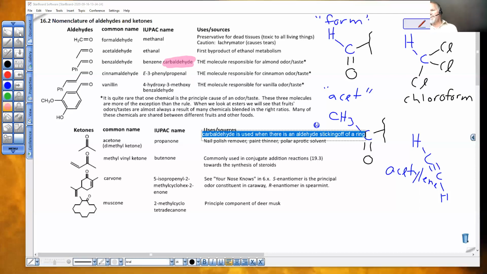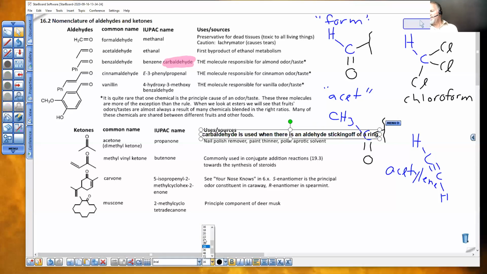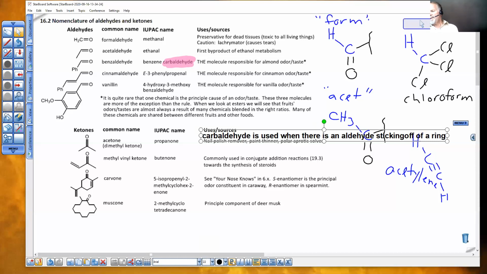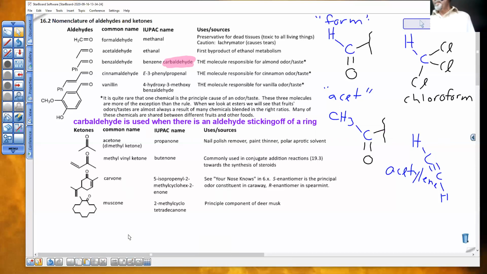And that deserves its own little comment, and make it stand out a little bit. And get a highlighter on that. Okay, and look, we have a phenyl with an aldehyde.